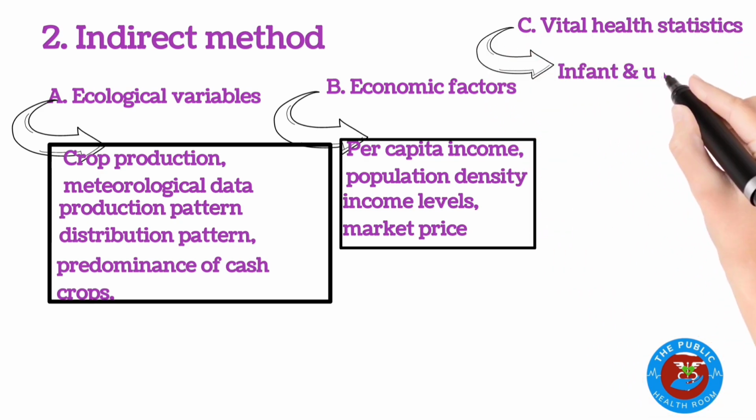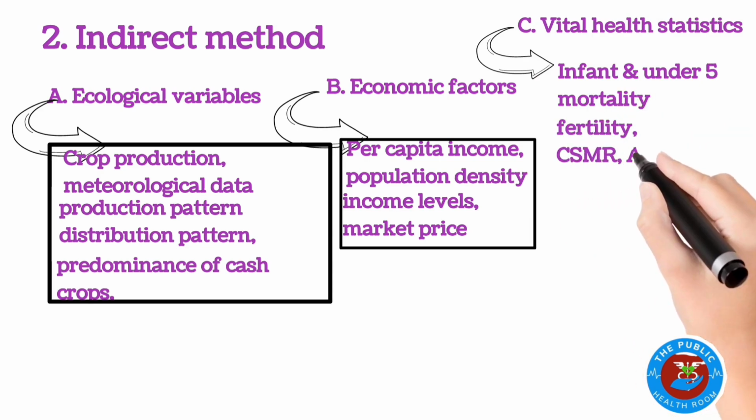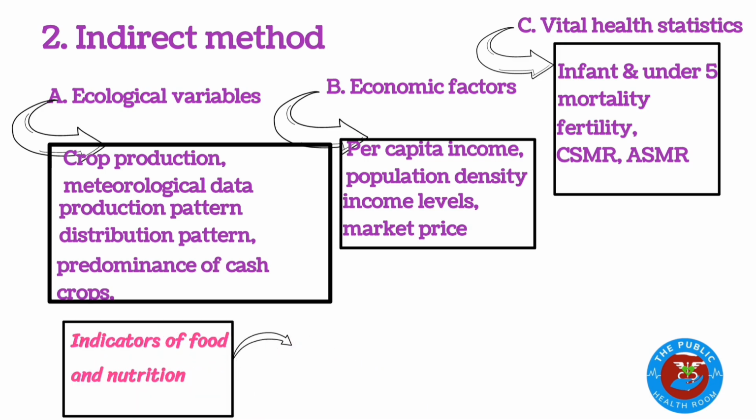Infant and under 5 mortality, fertility, cause-specific mortality rates, age-specific mortality rates, rate of nutritionally relevant infections can be assessed by vital statistics. Assessment of indicators of the food and nutrition situations in the area or region of interest by looking at certain data that are closely related to malnutrition or which are aggravated by malnutrition.